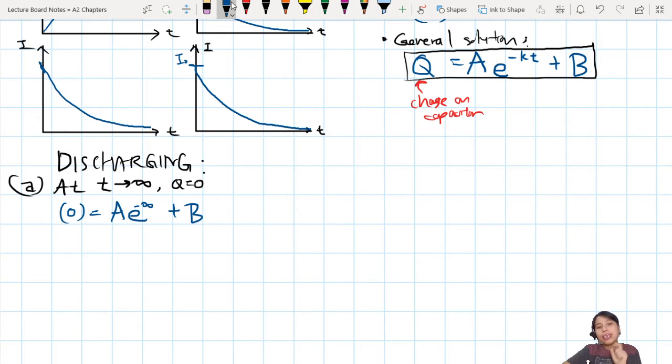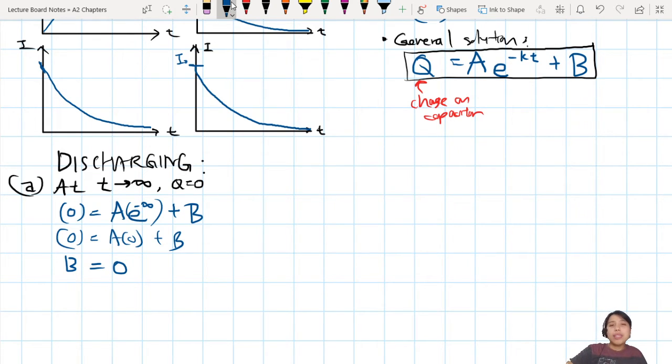Take a calculator and press e to the power of negative 999999999. It will be 0. So this whole thing is gone. A times 0, 0, plus B. So that tells me that B is 0. So for the general solution, no need to write B also can, because B is 0 for this final condition. But we also need to use another condition for the beginning.